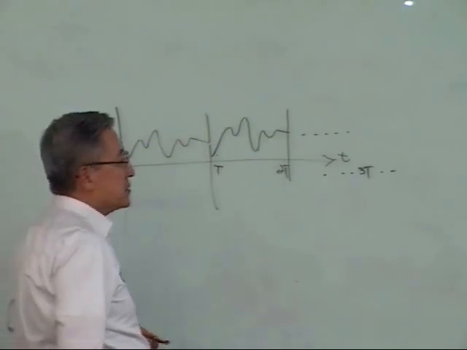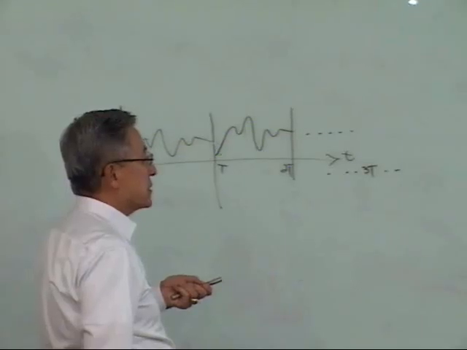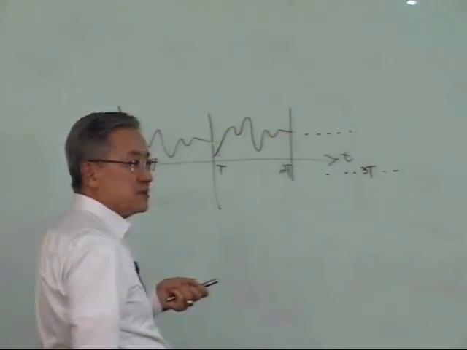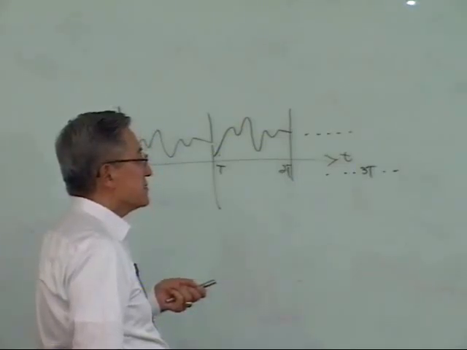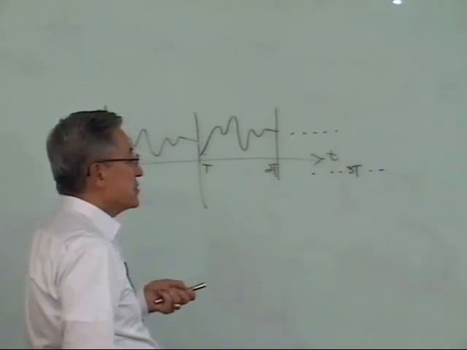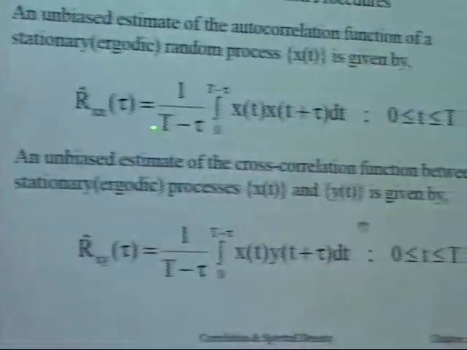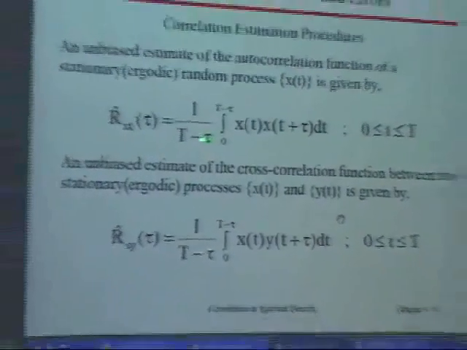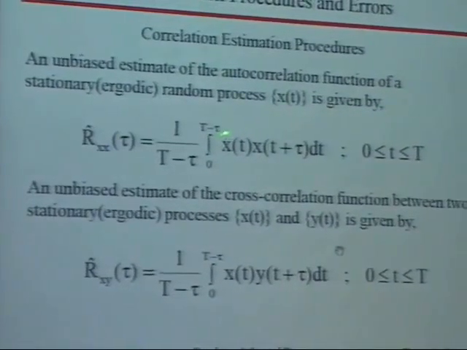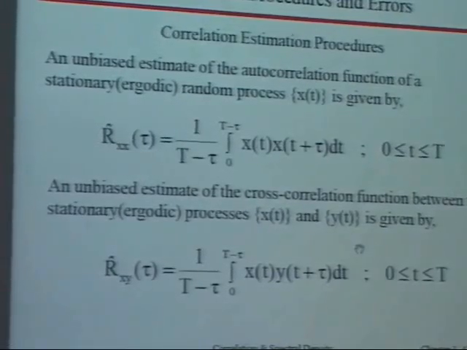But if you look at, for example, the autocorrelation function, this hat is the estimate. So the estimate of the autocorrelation function has the range T minus tau rather than T for the finite record of the data set.